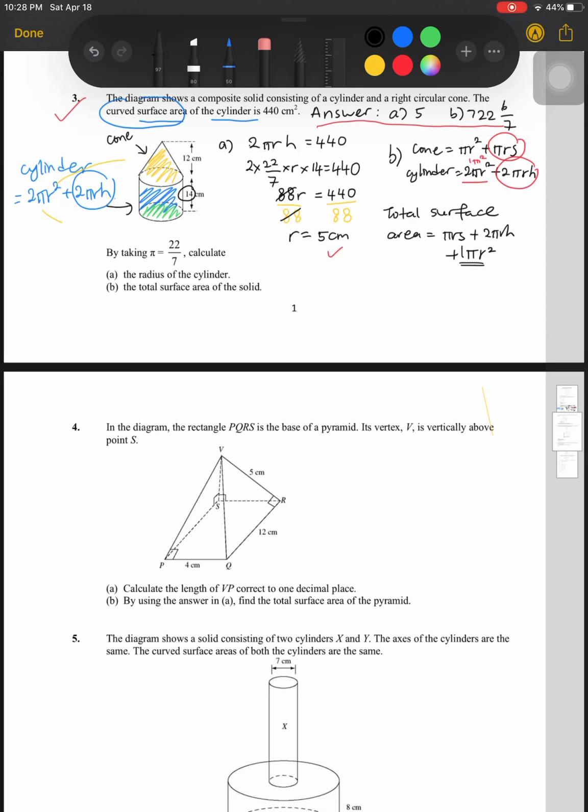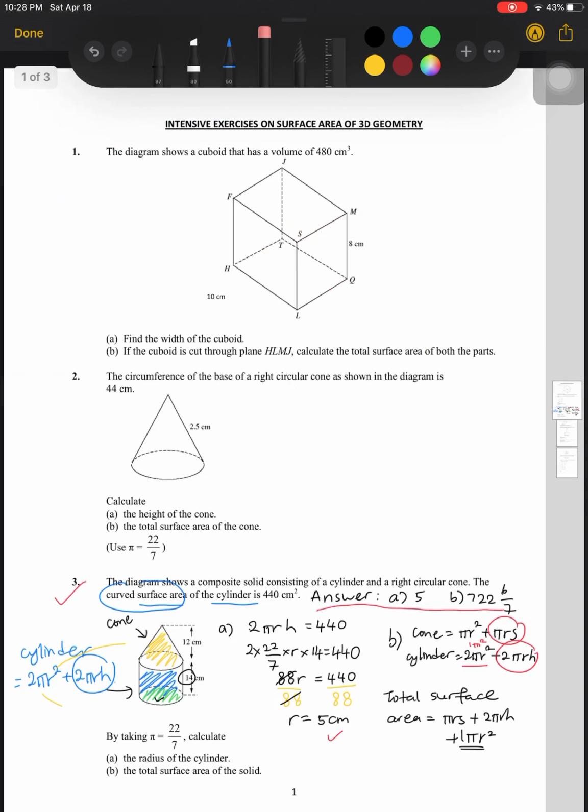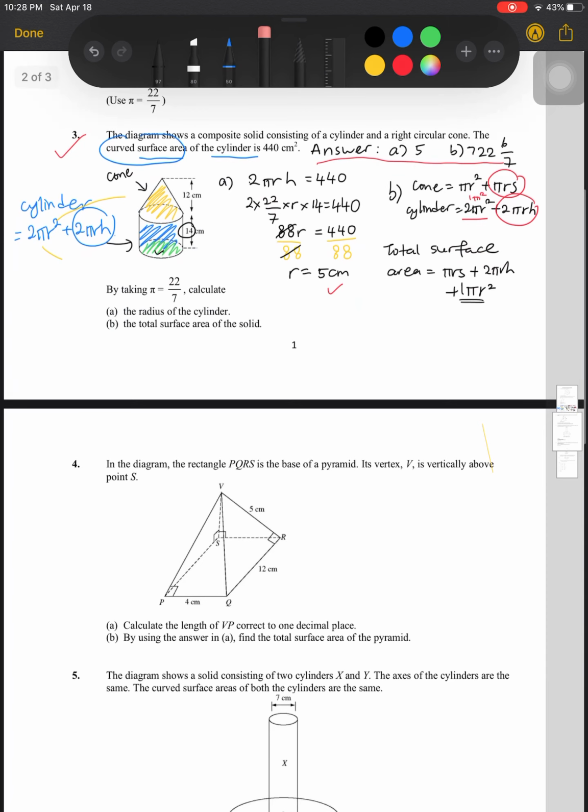Only one base surface area of the circle. Let's calculate it all together. Do we have all the formulas that we want? You know your pi, you know your r, but you don't know your s.